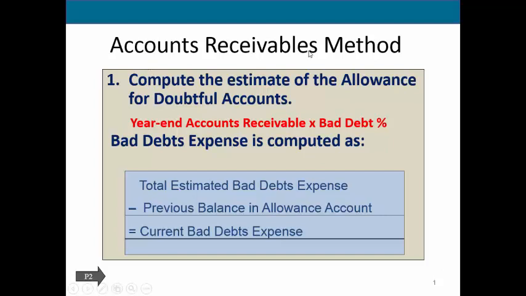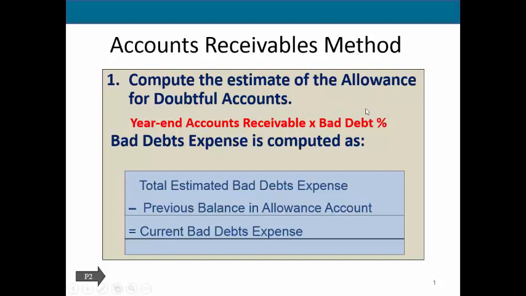If you'll remember, in our previous method, we were applying our percentage to our sales number or our income statement number. When we're doing any of these balance sheet type methods, if you'll remember, the balance in accounts receivable builds from one year to the next, whereas a balance on an income statement starts over at 0 every year.